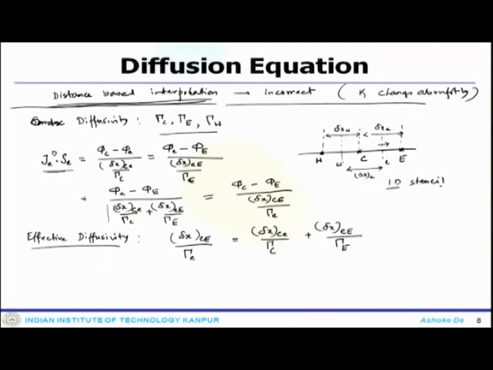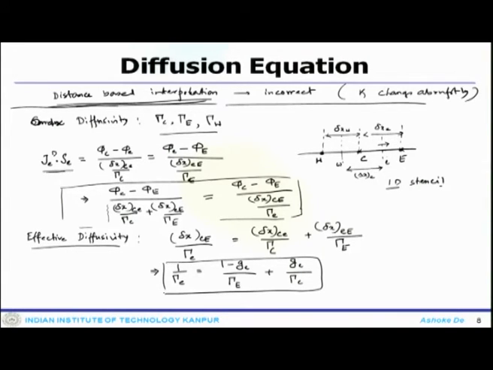So, if you look at this particular expression, from there one can write the effective conductivity is like that, which is nothing but writing 1 by gamma e equals to 1 minus G e by gamma e plus G e by gamma c.